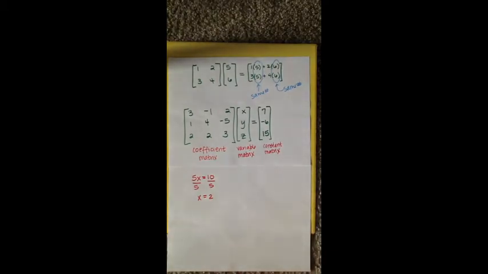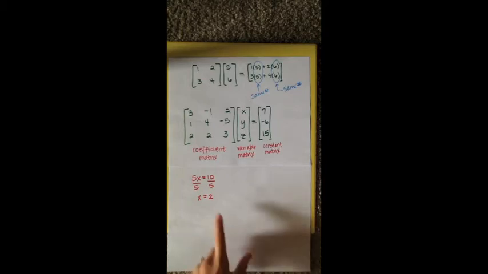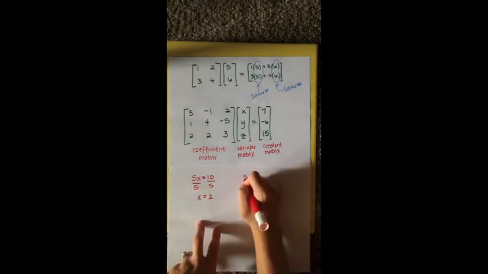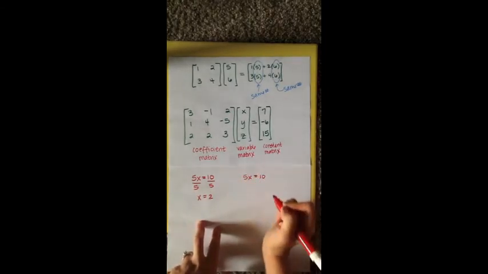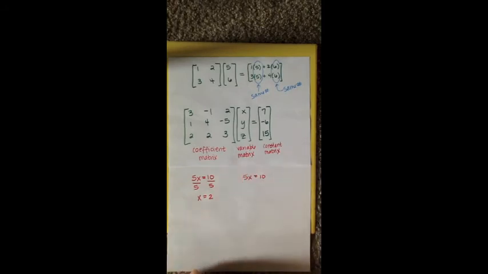Well, what's the same as dividing by 5? Multiplying by its reciprocal, or its multiplicative inverse. So this is the same thing as saying, okay, I'm going to take this and multiply both sides by 1/5.